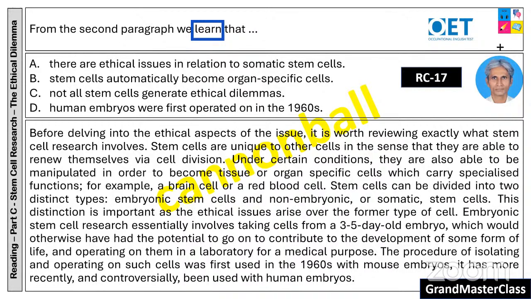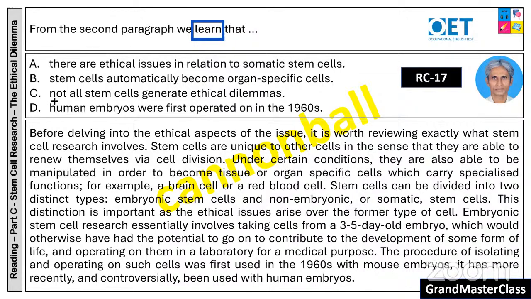If we read the previous sentence, we can understand that the former type of cell means the cell which came first. Stem cells can be divided into two distinct types, embryonic and non-embryonic or somatic. So the former type will be embryonic stem cells. That is how we can get our answer. That's a very good explanation. Thank you.